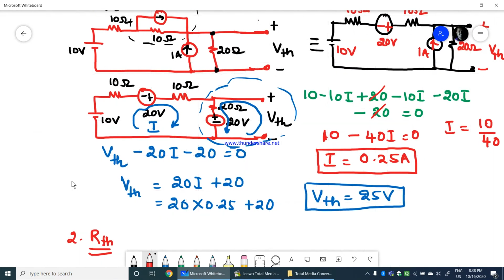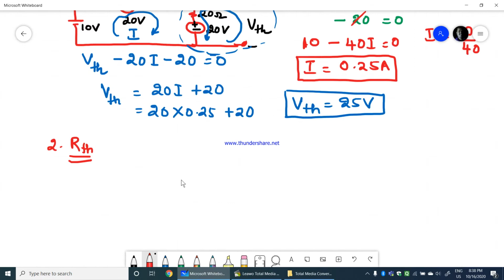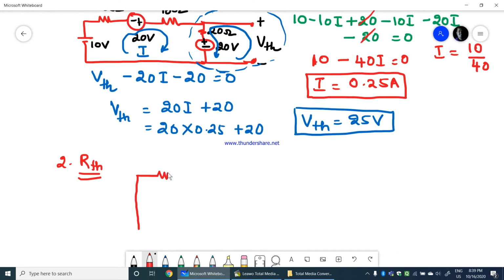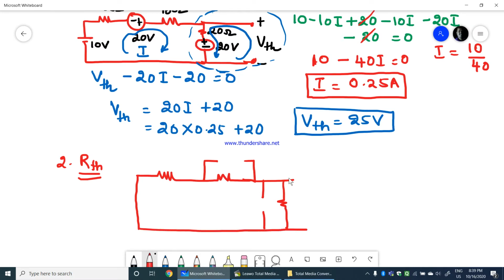For that, I redraw the circuit with the voltage source shorted and the current sources open. So this is the terminal A and B, and I need to look towards this to find out RTH.